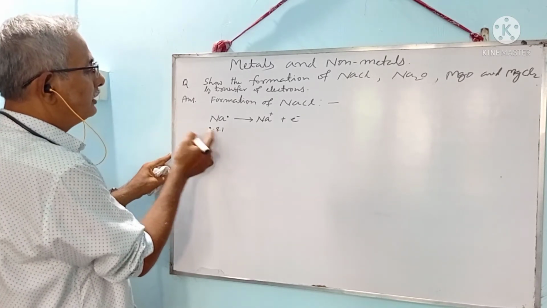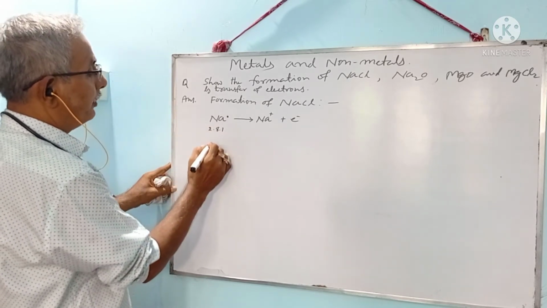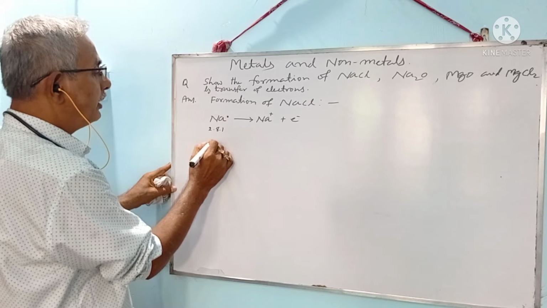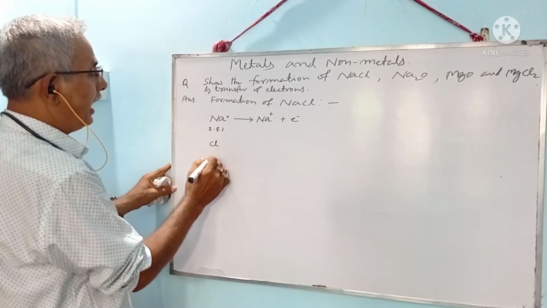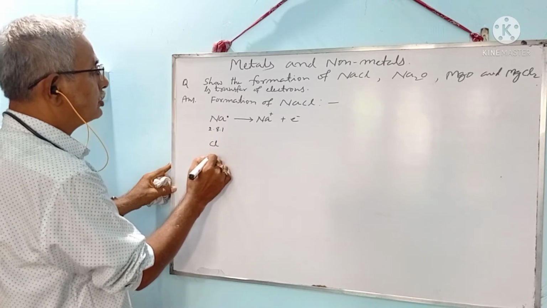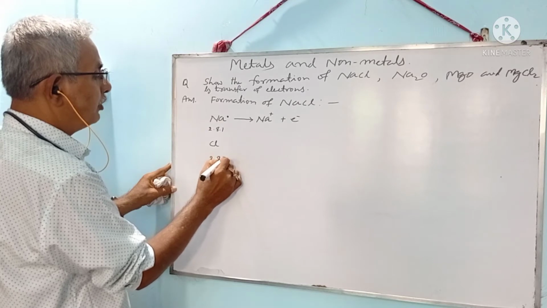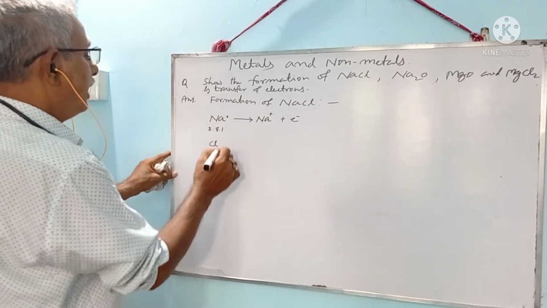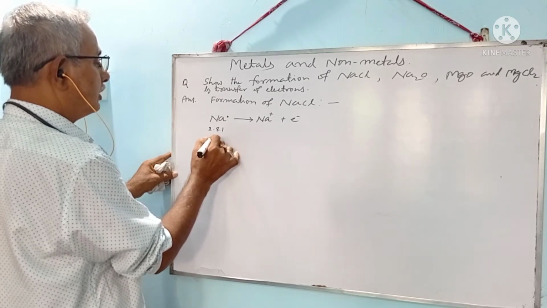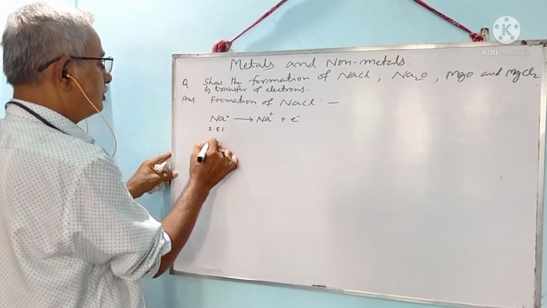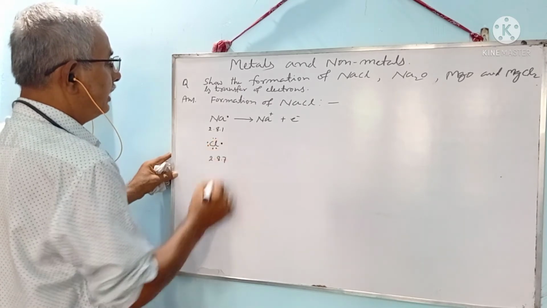Chlorine has the electronic configuration 2, 8, 7 because the atomic number is 17. So here 7 electrons will be shown with electron dots. Here you see 2, 2, 4, 2, 6 and 1 electron is here.